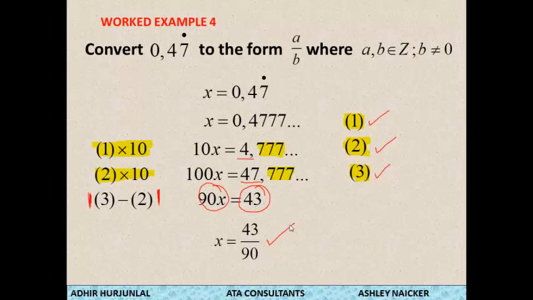And I end up with x, which is equal to 43 over 90. Ponder about this for a moment before I go any further. That's a beauty example, eh?